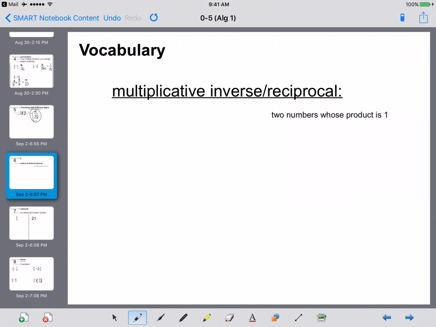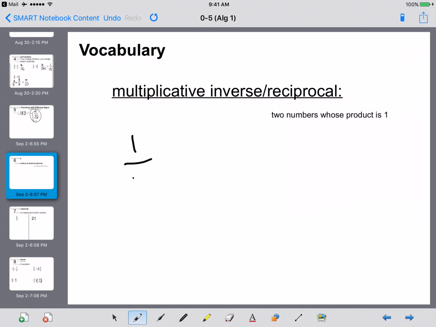So our vocabulary, the multiplicative inverse, or the reciprocal, is two numbers whose product is 1. So it's just flipping that number. Make sure if you have a mixed number and you need to get the reciprocal, that you're turning it into an improper fraction first.